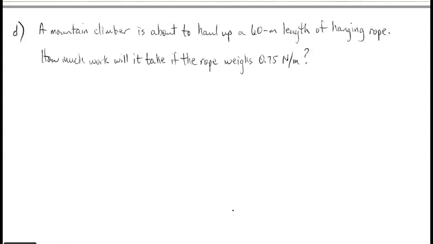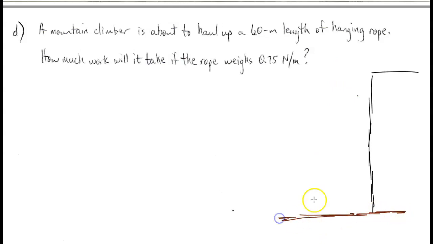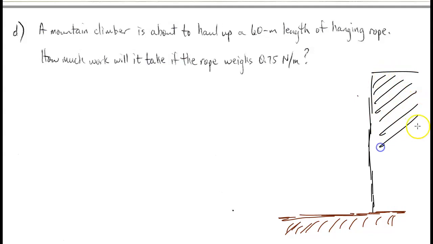Okay. So I'm going to draw a visual here so that we can see what's going on, and hopefully this will help us model our situation. Let's put our ground right here. And we're going to say this is some tower or building or whatever.